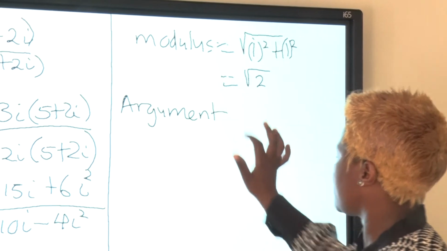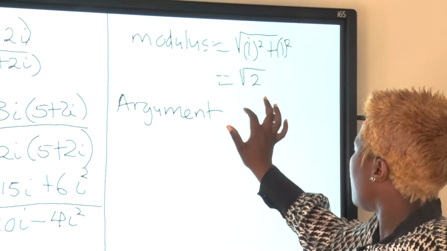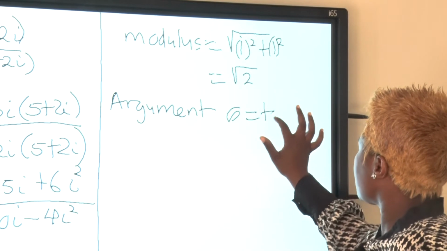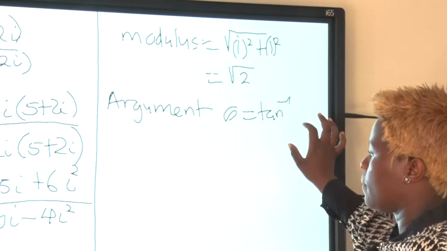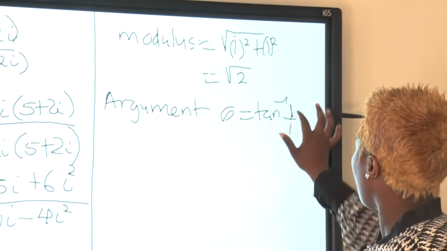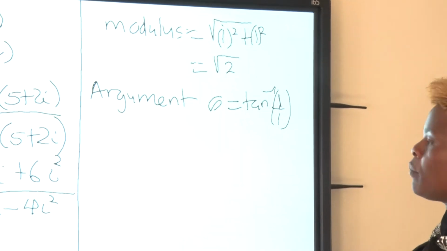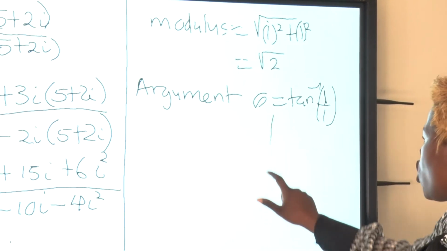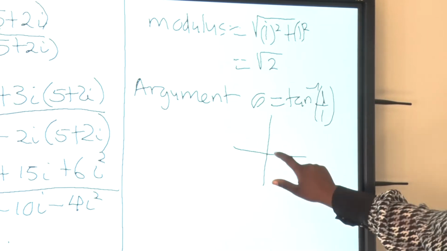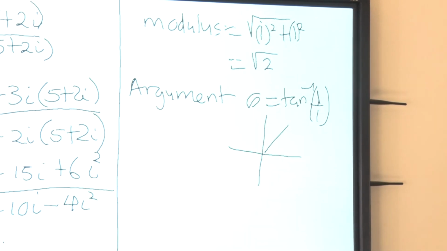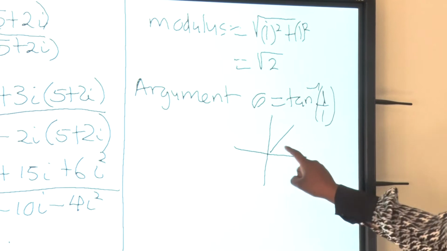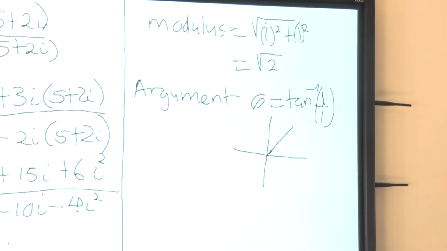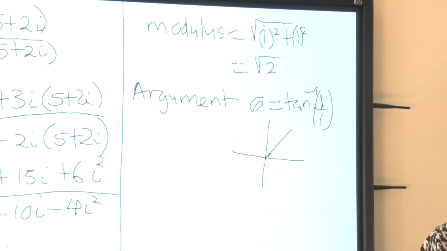The argument is given by arctan 1 over 1. Before we move on further, we have to draw a diagram and locate where our argument will be. It will be in the first quadrant, which means our argument will be positive.